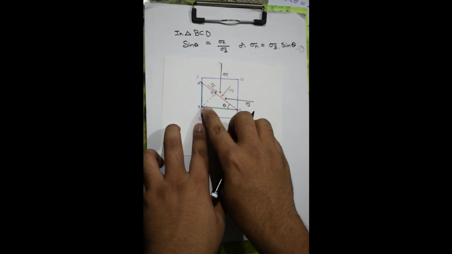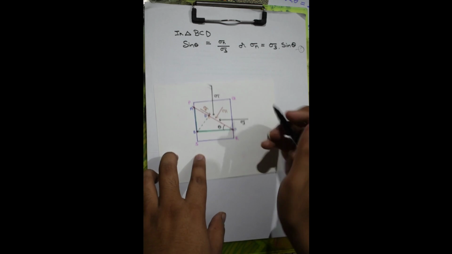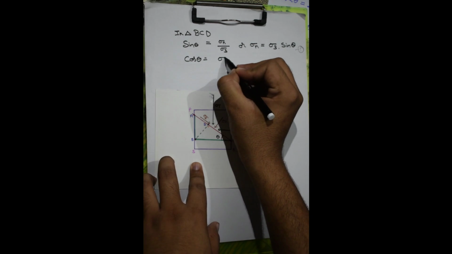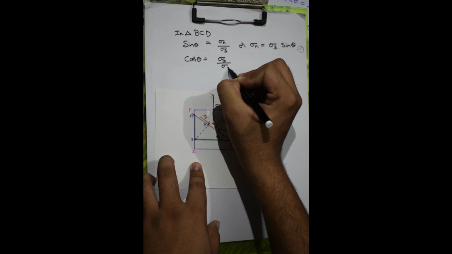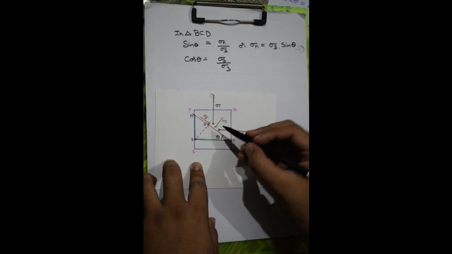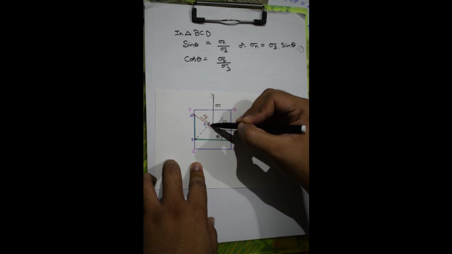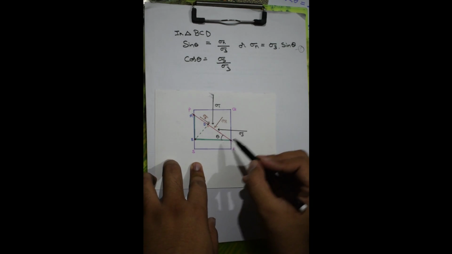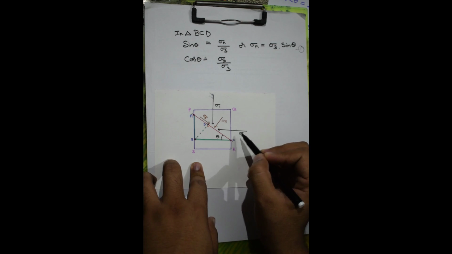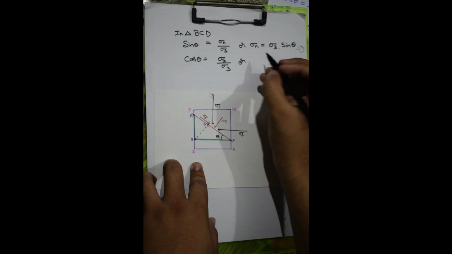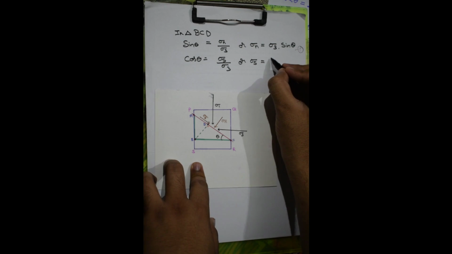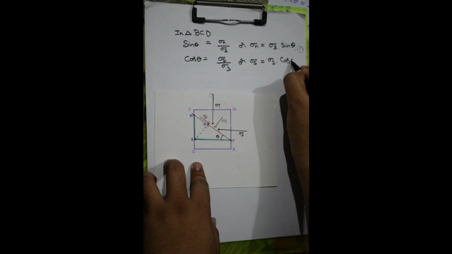Similarly, in the same triangle BDC, cos theta is equal to sigma s divided by sigma 3. So CD is equal to sigma s and BC is equal to sigma 3, or we can rewrite this equation as sigma s is equal to sigma 3 cos theta.